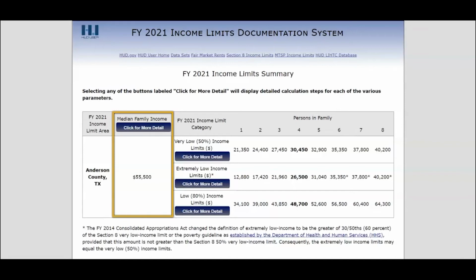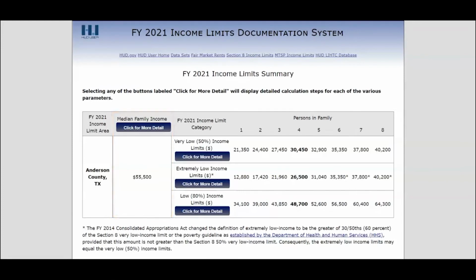For example, $55,500 times 1.2 is $66,600 at the 120% income limit for a 4-person household. If the household has 4 people, the applicant can input the number they just calculated into the incentives calculation form.